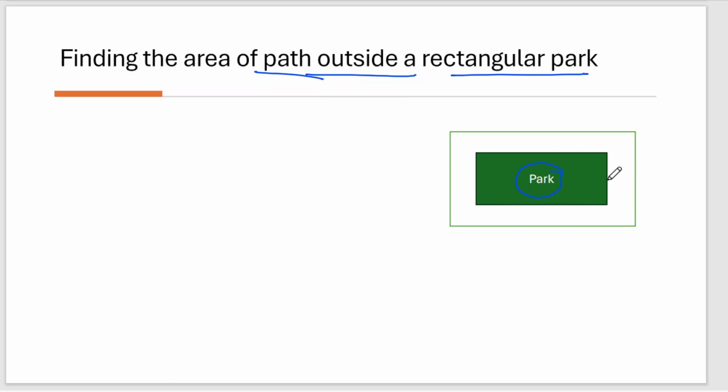Let the width of the path, that means how much is the breadth of this path, be W. We will keep it as a uniform path, so we will take W units on every side. So we are going to construct a path of width W. So what is your W? W is your width of the path.